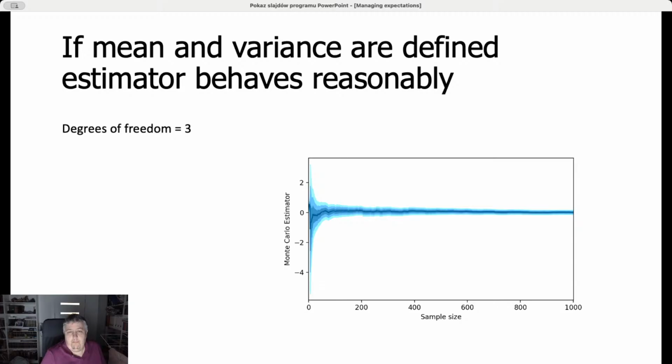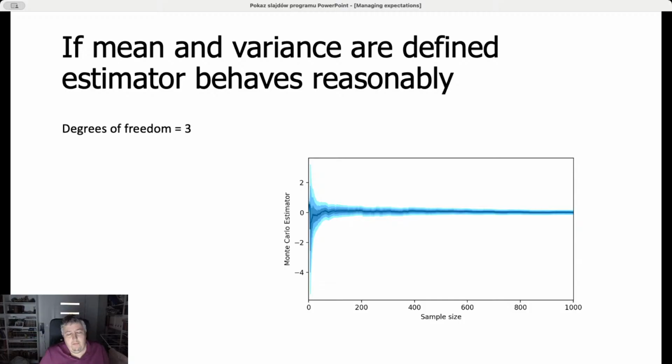However, if mean and variance are defined, the estimator behaves very reasonably, practically indistinguishable from the normal distribution estimator, which is actually very good, because with a rising number of degrees of freedom to infinity, the t-student distribution becomes a normal distribution.